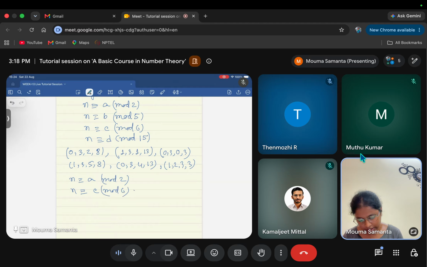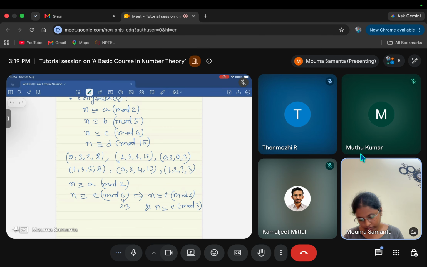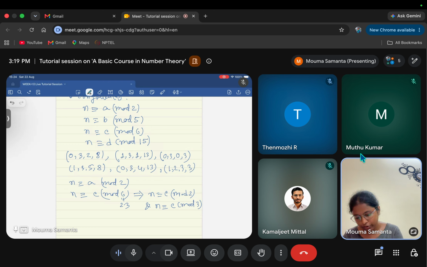So from this third linear congruence, since 6 equals 2 into 3, we can say n is congruent to c mod 2, and n is congruent to c mod 3. Now, n is congruent to both a and c mod 2, right? So from here, what can you conclude?